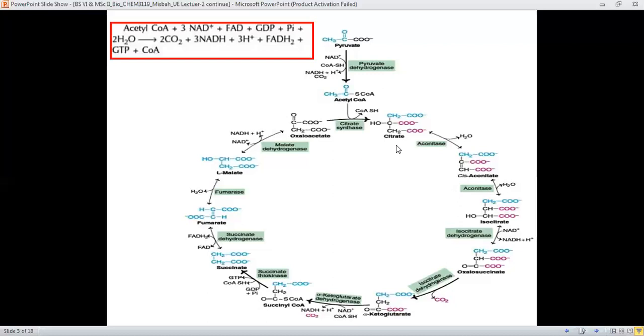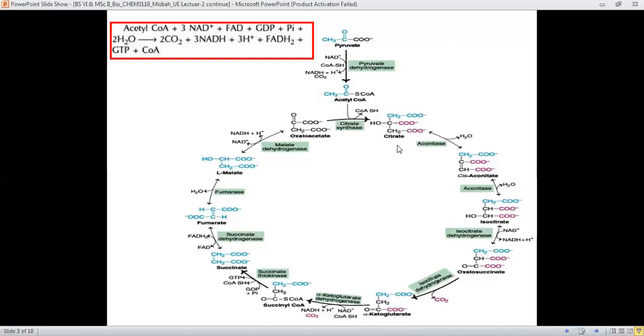And now the citrate, which is a 6 carbon containing molecule, has 2 carbon units derived from the acetyl CoA, while the rest of the 4 are derived from the oxaloacetate.